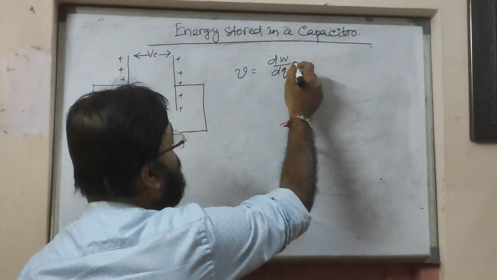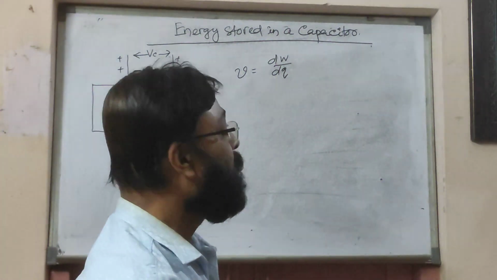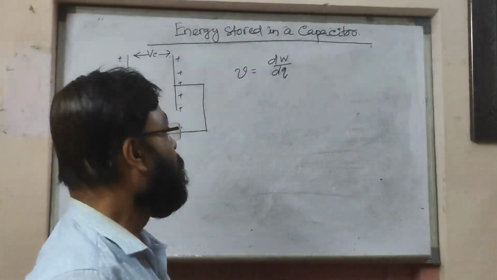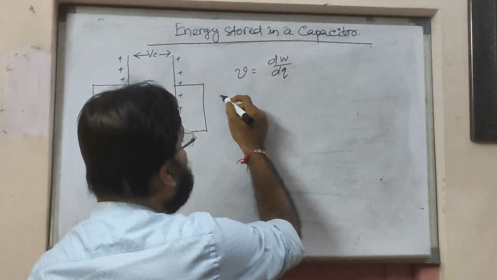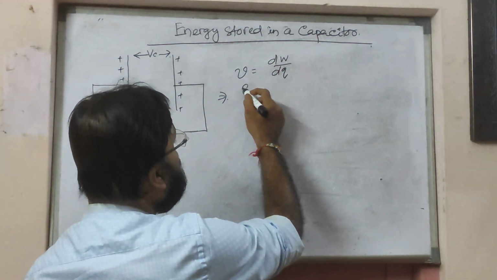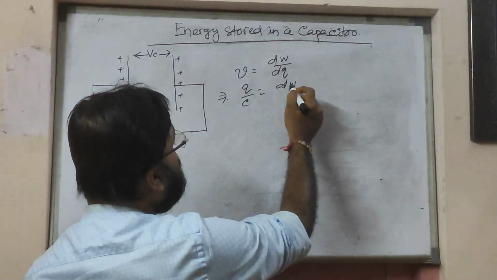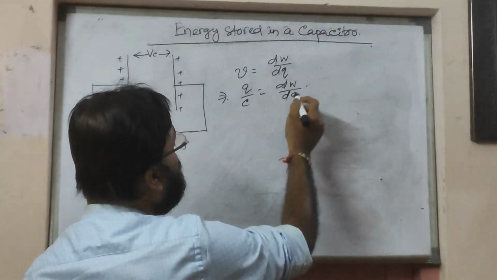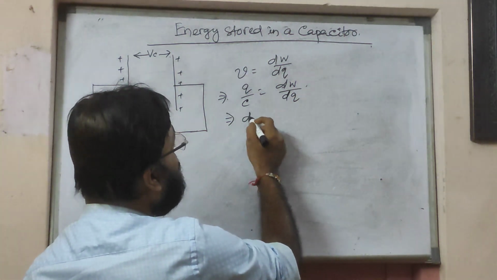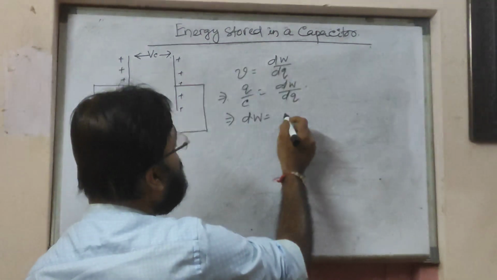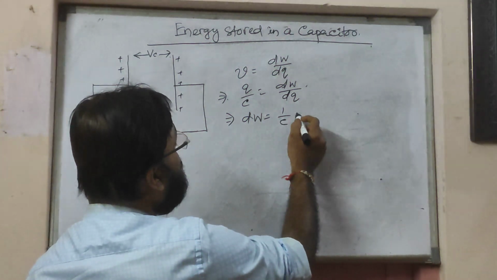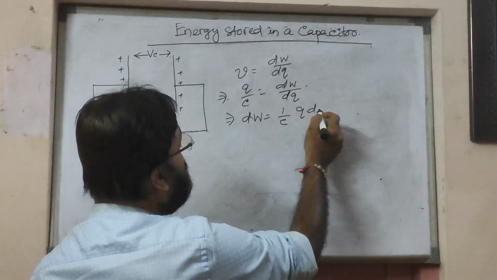Suppose dW is the work done to establish a charge of dQ. As we know that V is equal to Q by C, that will be equal to dW by dQ. From this we get dW is equal to 1 by C into Q dQ.